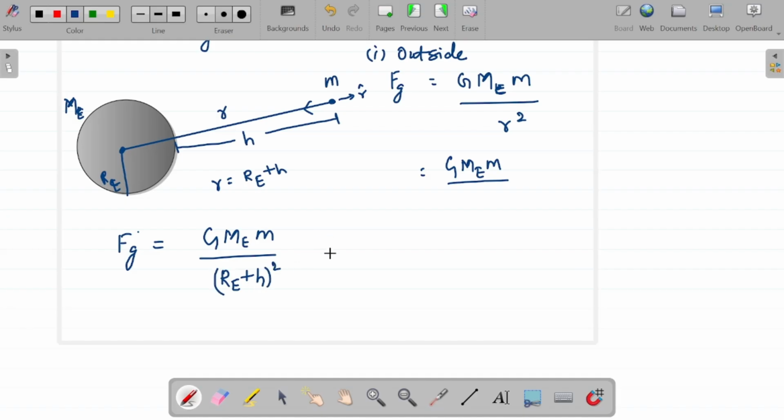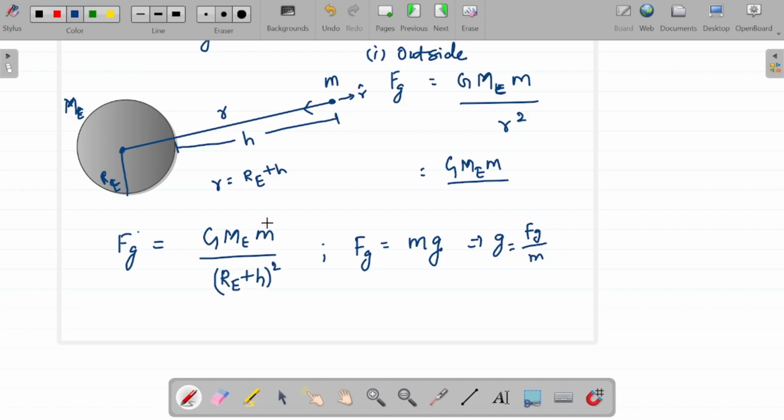Now we can go for acceleration due to gravity. As we know, due to this gravitational pull there will be acceleration due to gravity, and this can be connected to this as mass times acceleration. So this is the mass of the body and this is the acceleration due to gravity, which will be equal to the gravitational pull on the body. Then g equals F_g divided by the mass of the body.